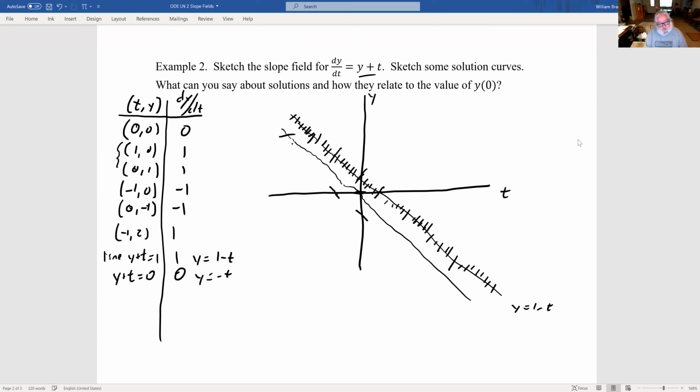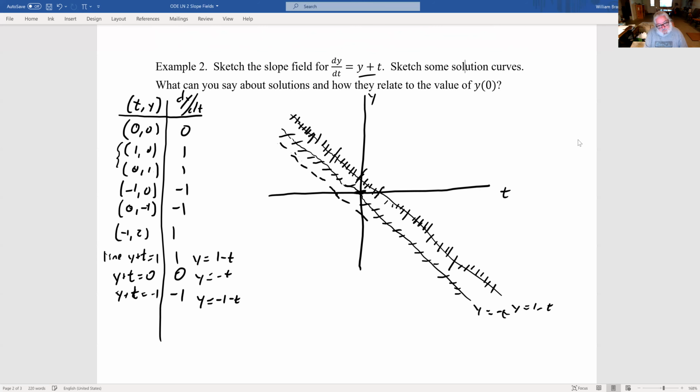And all along here, you have horizontal slope. If you look at the line y plus t equals minus 1, what's the slope along that line going to be? Well, it's going to be minus 1. And the equation of that line is y equals minus 1 minus t, and that's, in fact, this line here.